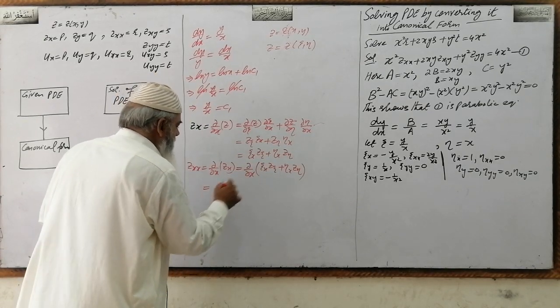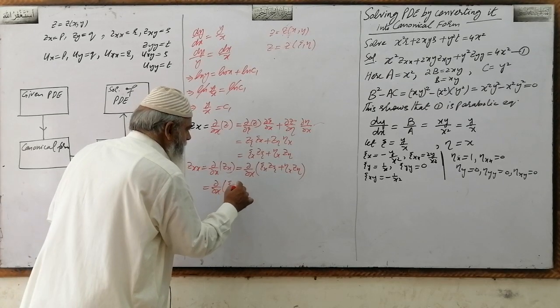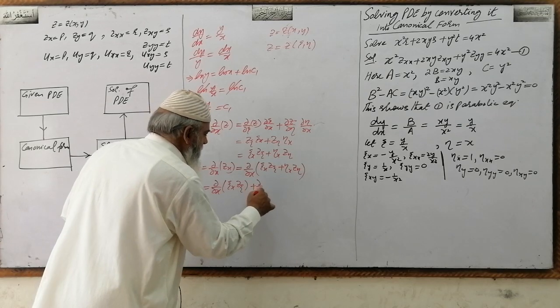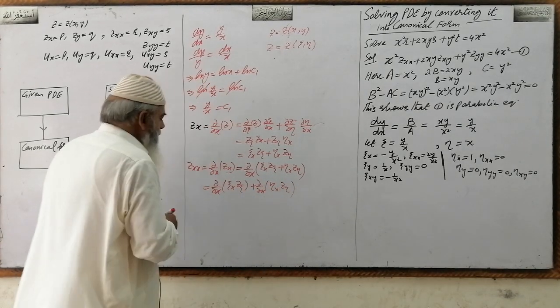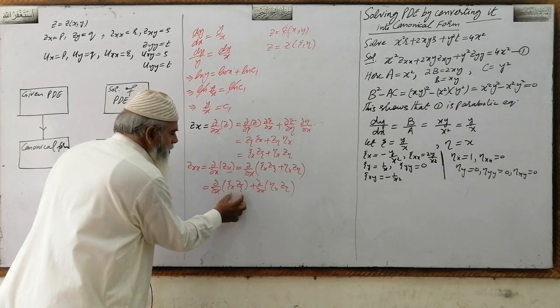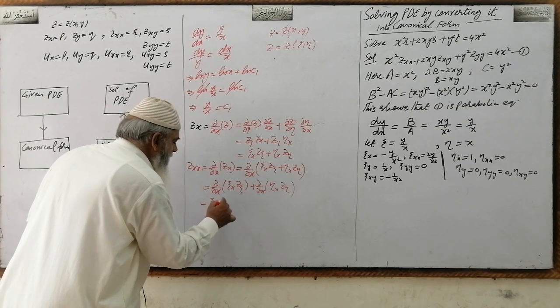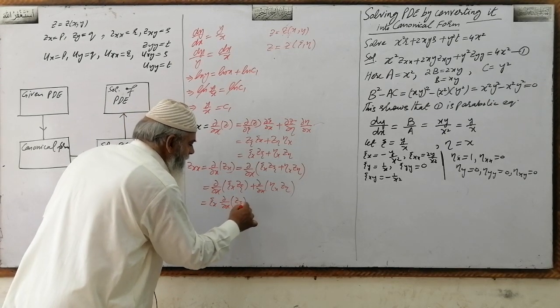Now what will happen? We will take partial over partial x of xi x z xi plus partial over partial x of eta x z eta. Once again, we have to apply the product rule here. What we can do here, keep xi x as it is and take the derivative of z xi.